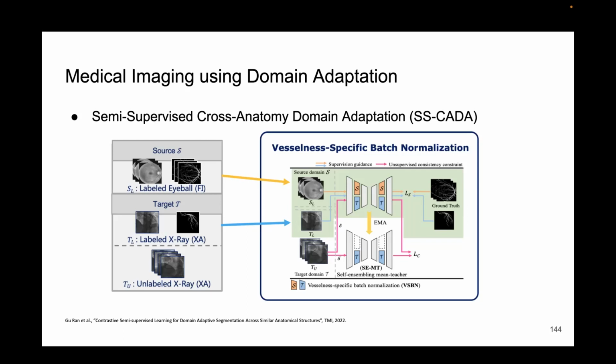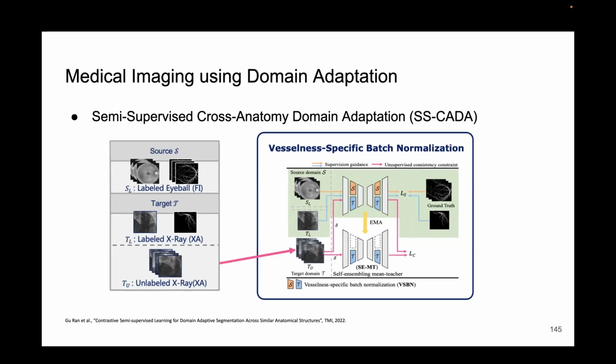For those labeled source and labeled target, they propose a very novel encoder and decoder structure, and then they try to mitigate the source and target in the middle of the feature maps together, denoted by the orange for the source and the blue for the target on top of the images. They apply the supervised learning loss, denoted as LS, to conduct the segmentation task. The key step is how to deal with the unlabeled target domain data, denoted by the pink links.